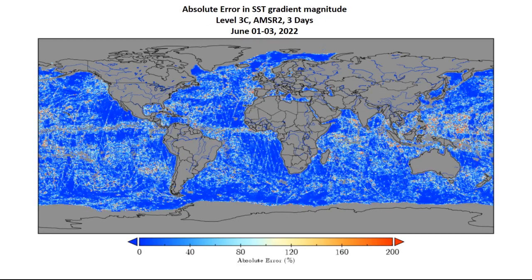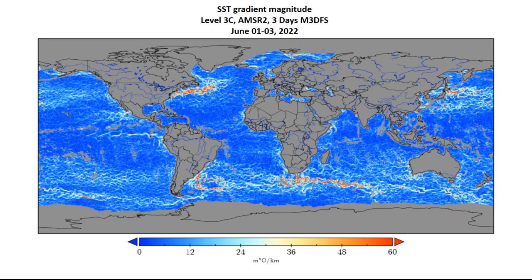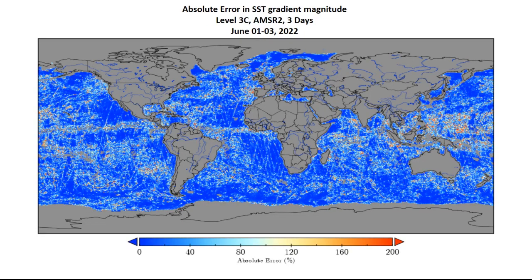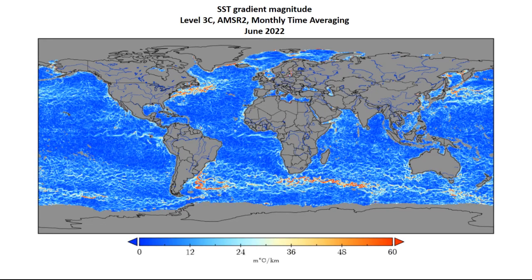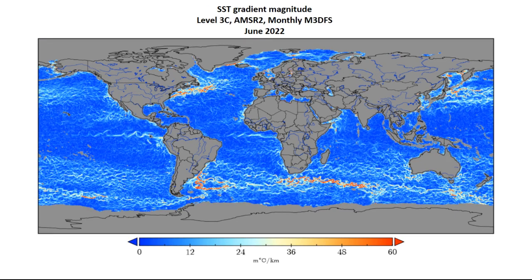Now, as we decrease the temporal resolution of the level 3 SST over which we're computing the gradients, we would assume that the impact of compositing artifacts is going to decrease as well. But this is actually not the case. So these are the gradients computed on a monthly SST for June of 2022, and this is the same map obtained with the M3DFS.